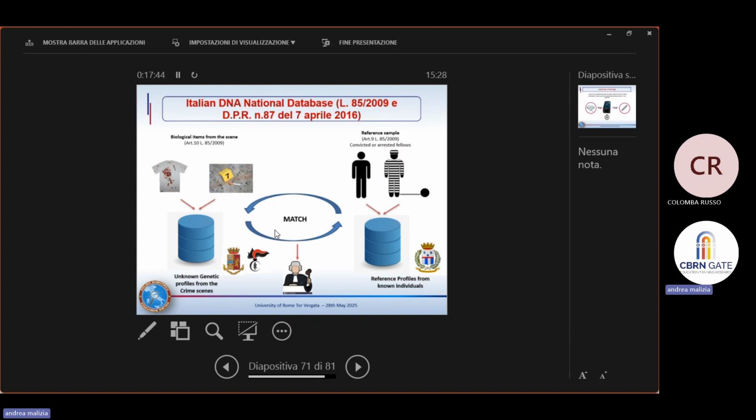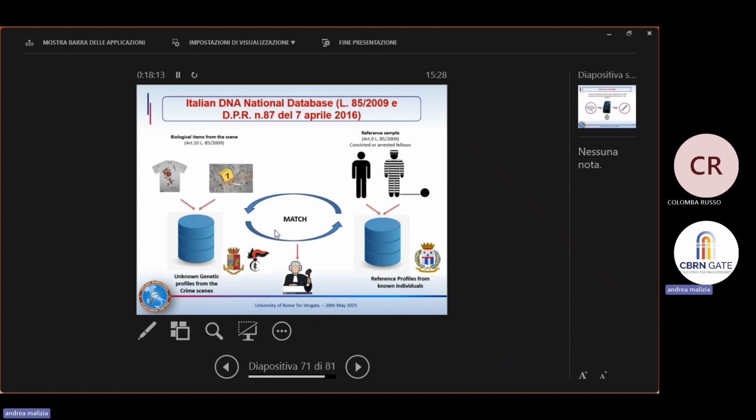Then another database is for reference samples, so the genetic profiles obtained from convicted or arrested people. There is a specific article of the law that says that DNA is taken from some people who are in arrested or convicted condition.